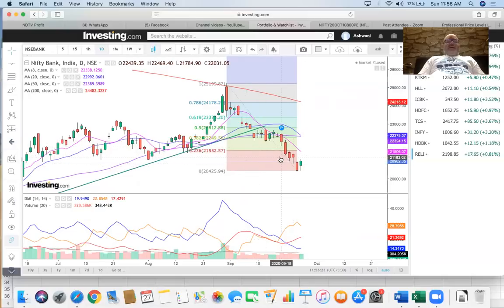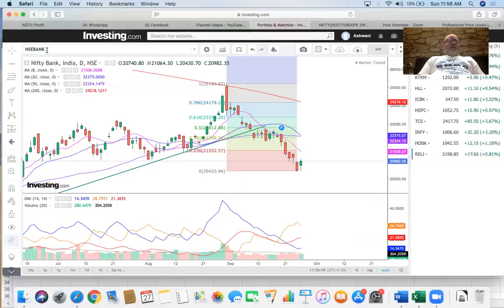So I would think 21,700, 22,000 is the area from where the Bank Nifty could begin to reverse. Whatever the judgment, this is in a huge structural decline and it's going to come off fairly strongly.